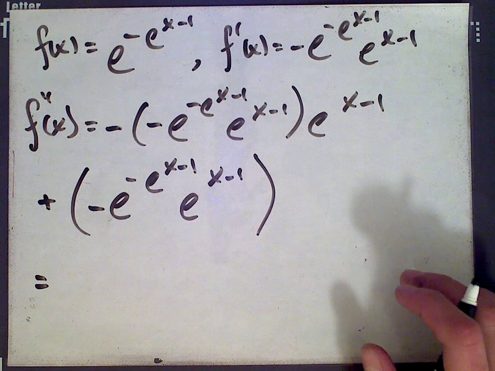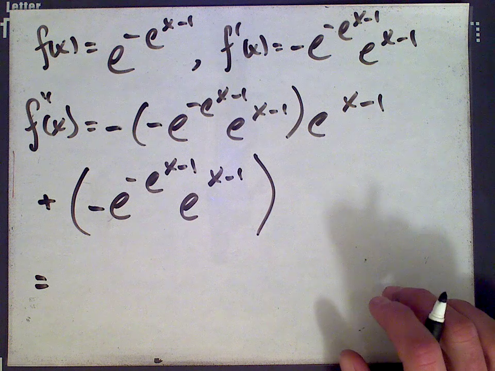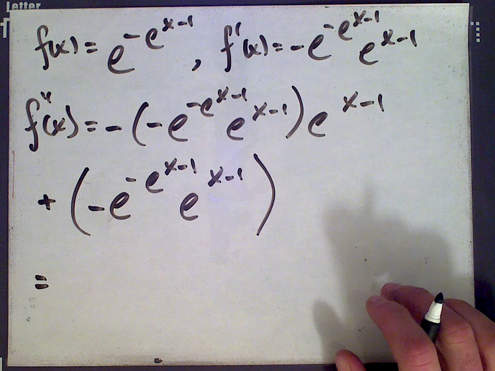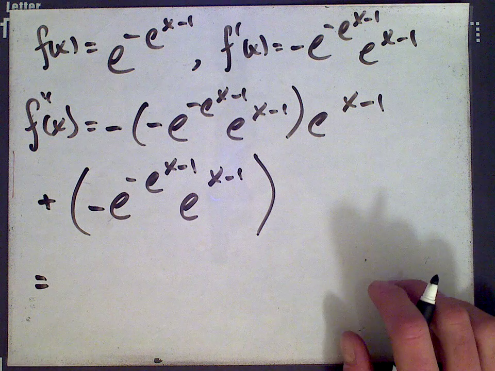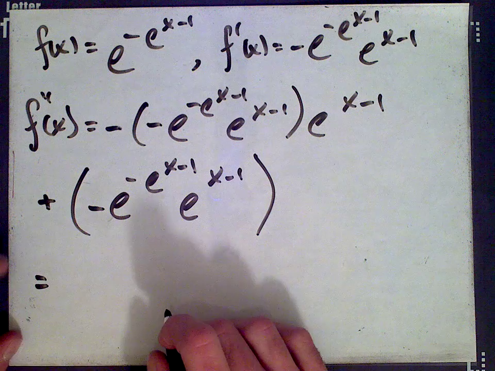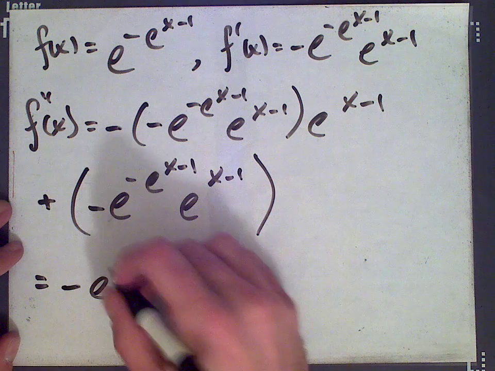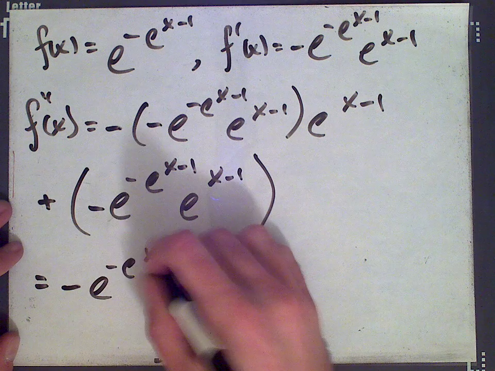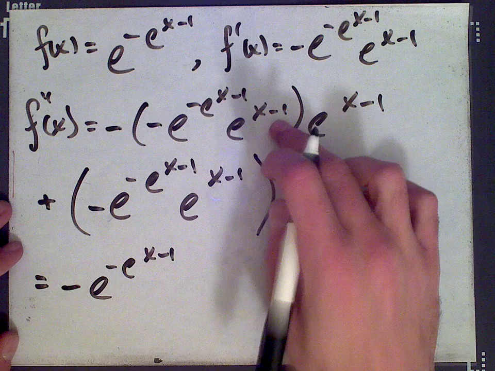Now we're going to want to find zeros, so we want to factor out any common factors. What we have here as a common factor is negative e to the negative e to the x minus 1, occurring in both.